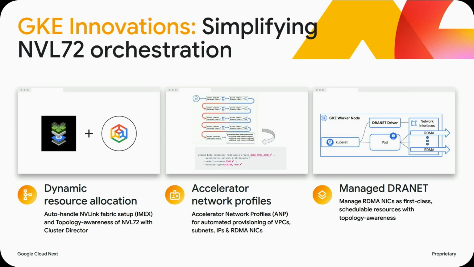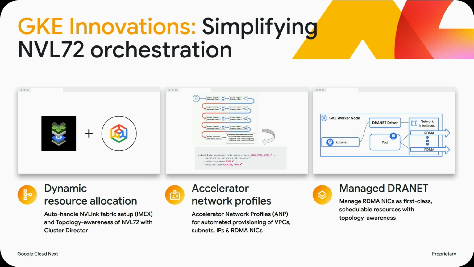So a quick glimpse of what we are doing on GKE. As I mentioned, the dynamic resource allocator handles the NVLink fabric setup and topology awareness. In addition to that, we are now making networking a first-class citizen to make sure that the networking is also factored in as part of setting up the cluster.